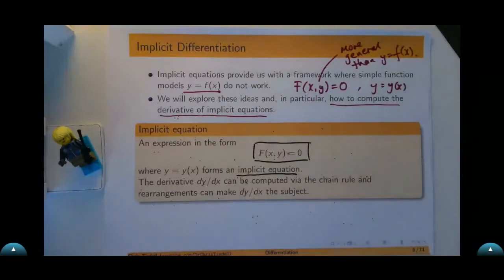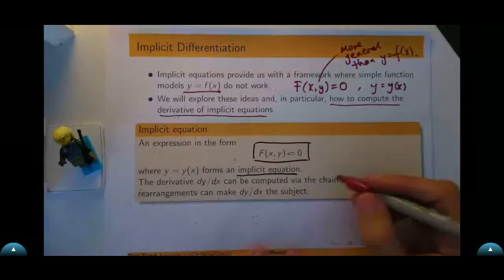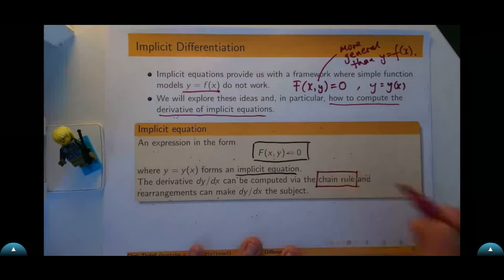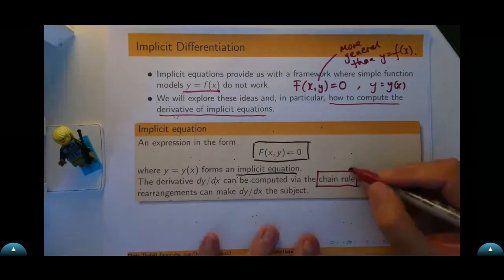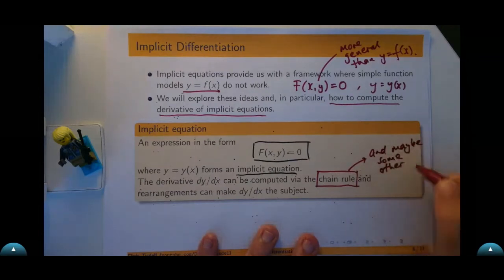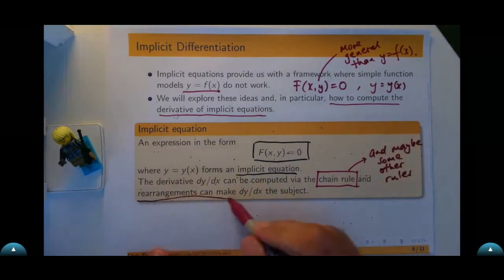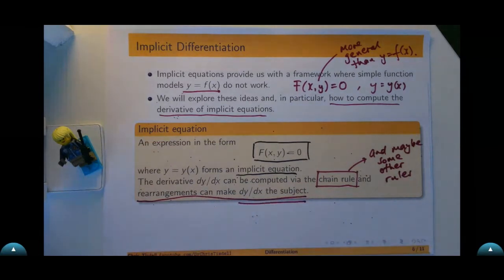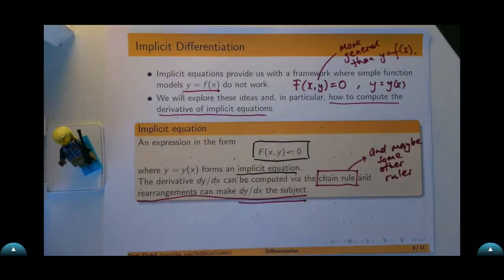The most important thing here is to use the chain rule and possibly other rules, and rearrange. There's a definite strategy with these ones, and I'll show you by using an example.